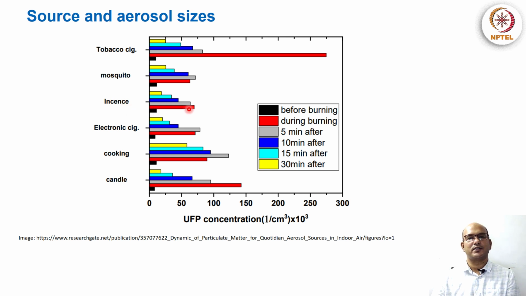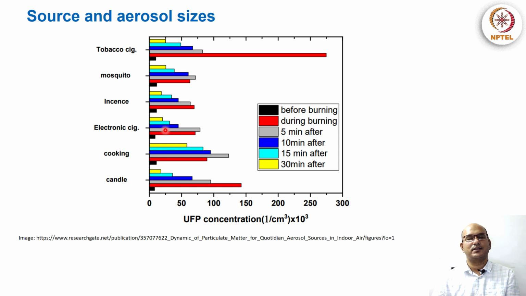Again we see the concentrations increase, something around mosquito coil as well. Just during burning they are almost 5 to 6 times the original background concentration. Then they slowly decrease 5 minutes after, 20, 30 minutes after, to a little bit less than or approximately 2 times the original concentration.